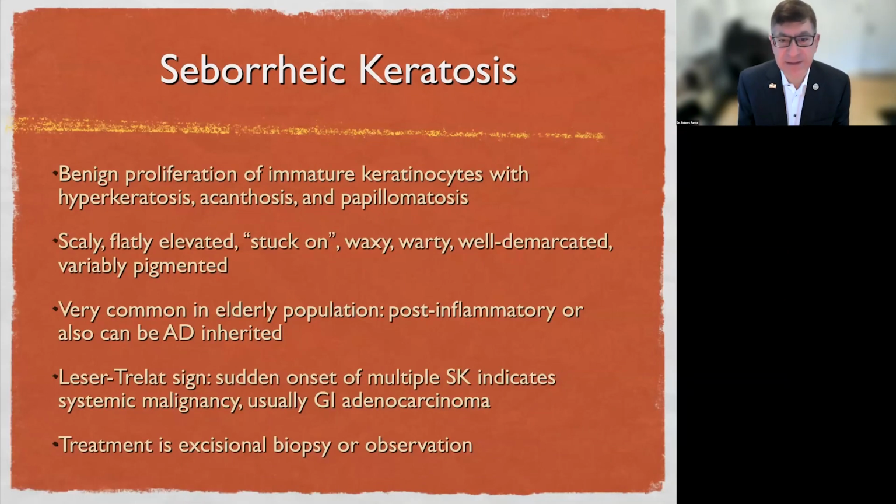Scaly, flatly elevated, stuck on, waxy, warty, well-demarcated, variably pigmented, very common in the elderly population. They can be post-inflammatory. There is also an autosomal dominant inherited version of this. There's a thing called the Leser-Trélat sign, where sudden onset of these indicates a systemic malignancy, usually in the gastrointestinal system. The treatment for this is excisional biopsy or observation.